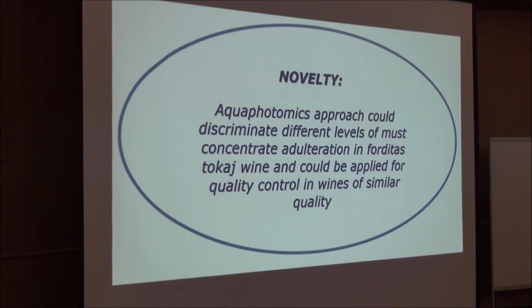So all what I've been trying to say is that the aquaphotomic approach is a groundbreaking technique that is capable of determining and tracking adulteration in Tokai wine, and it can be extended to wines of similar quality.